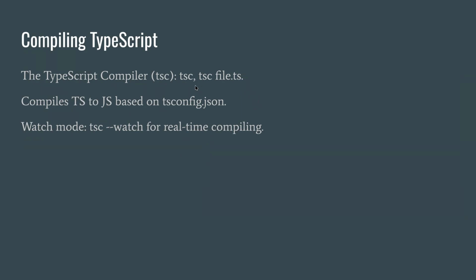You can compile a single file or entire projects. So you can just run tsc, or you can say tsc and provide a file name. Then your TypeScript is converted to JavaScript based on the rules specified in tsconfig.